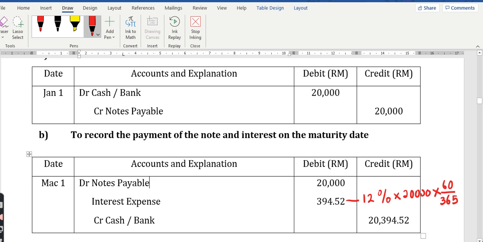So that is how you come about with the amount of 394 ringgit and 52 cents. So that is how we record the issuance of notes payable.